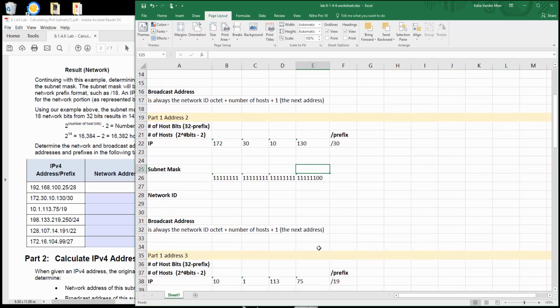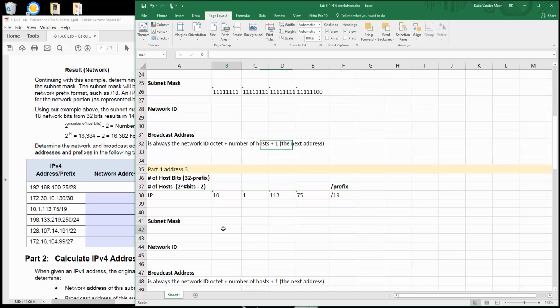Okay, go to the next one, 19. That's what my subnet mask is going to be: 19 ones. Stop, I almost kept going. 19. So now I'm going to zeros, 20 through 32.